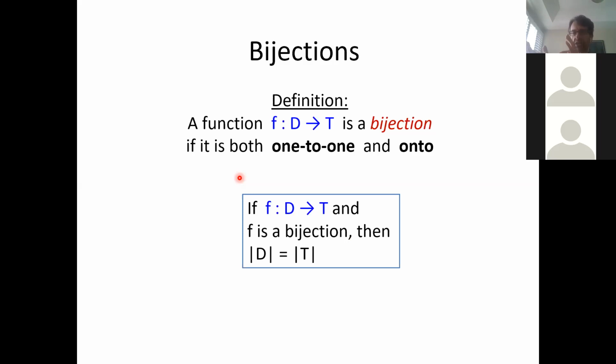Therefore, it's a bijection, and therefore the cardinality must be the same. So even if these sets are infinite, I can say the number of natural numbers and the number of integers is the same, which is odd, but once the sets are infinite, it's possible.